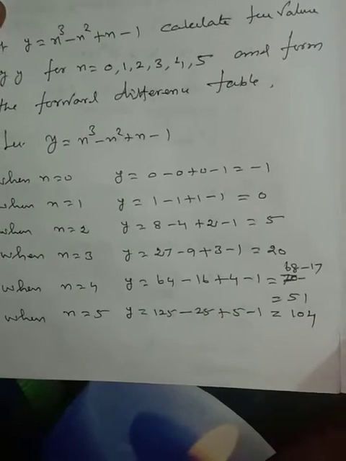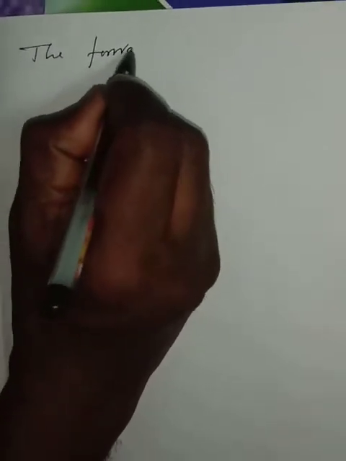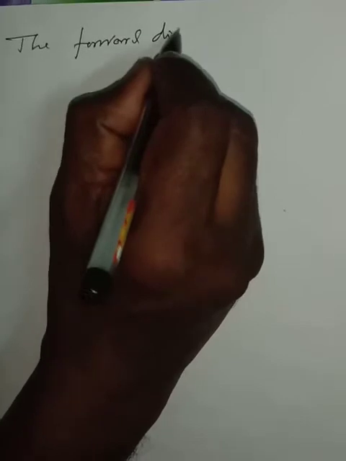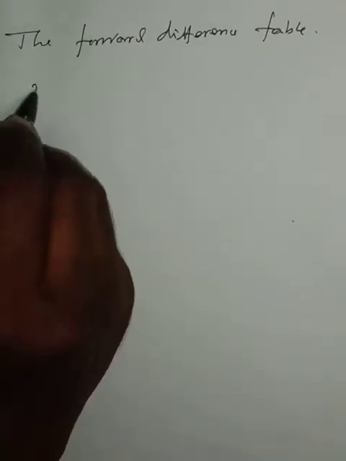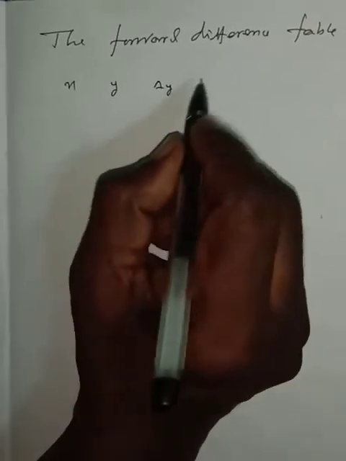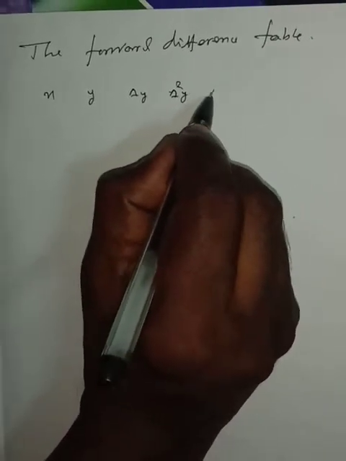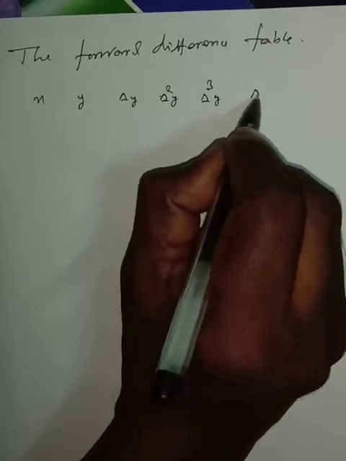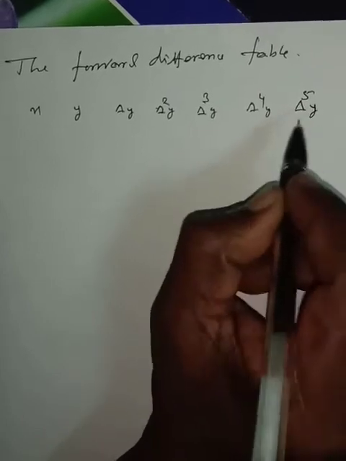Therefore, substituting x in y, we get the forward difference table: x, y, next delta y, next delta square y, delta cube y, delta power 4 y, delta power 5 y.